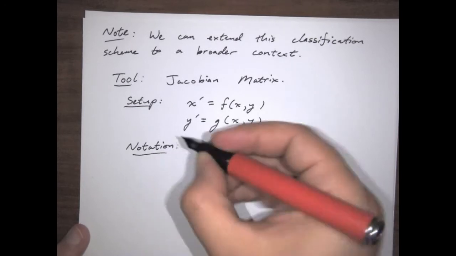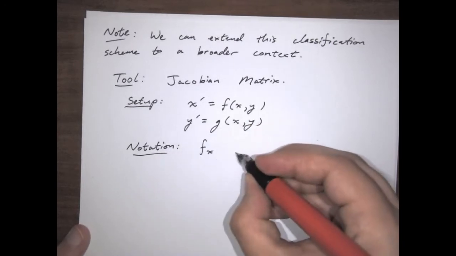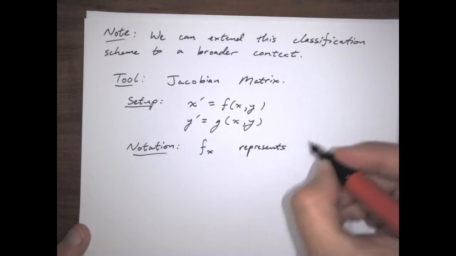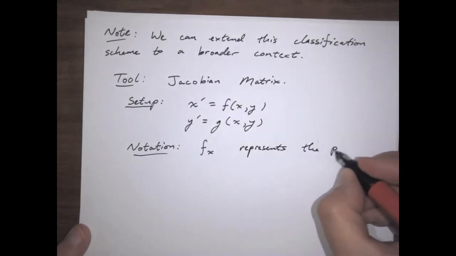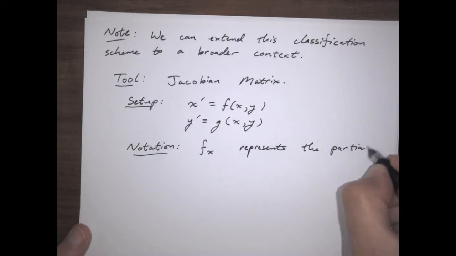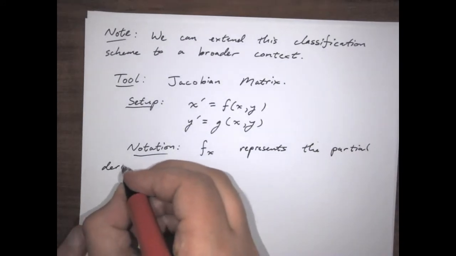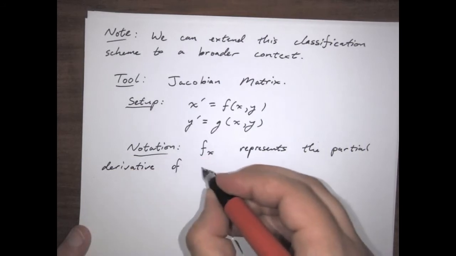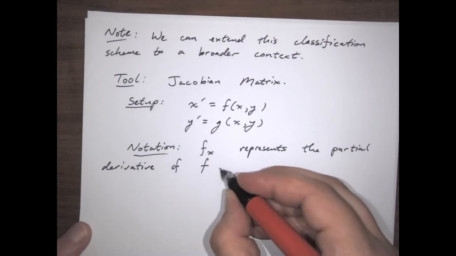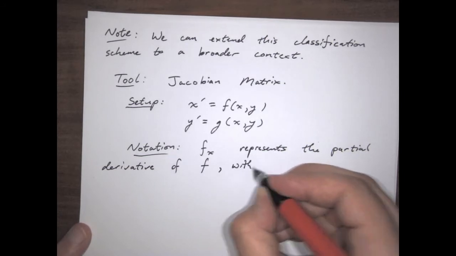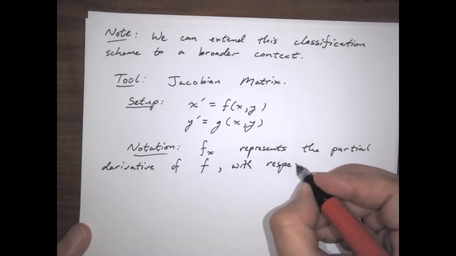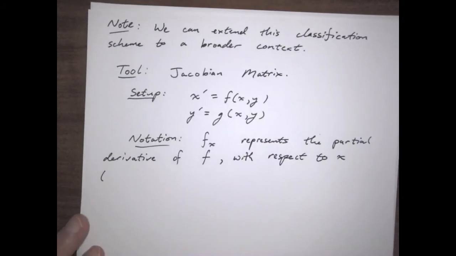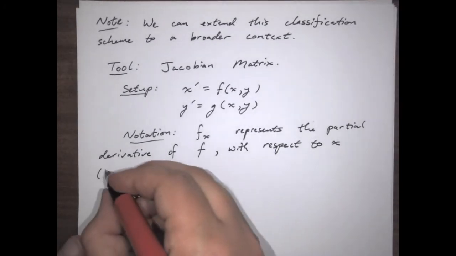So notation, f sub x represents the partial derivative of f with respect to x. So in other words, you treat y temporarily like it's just a constant.